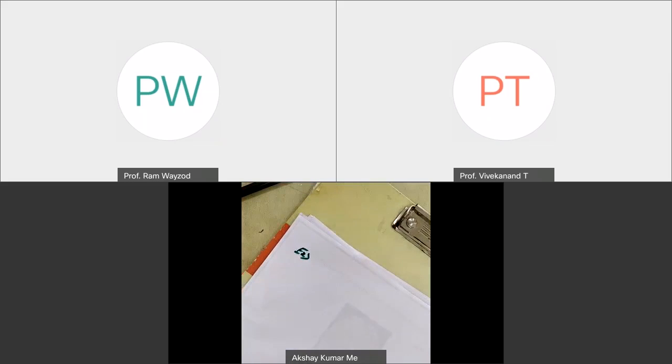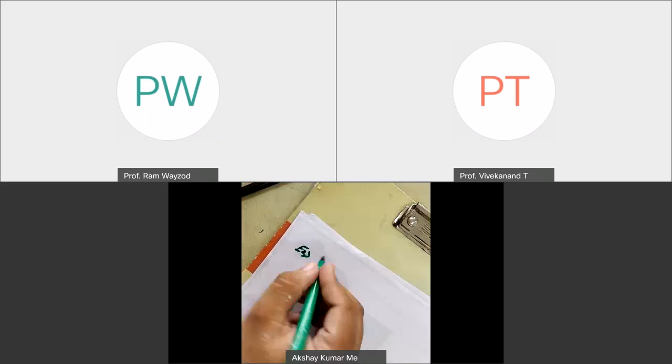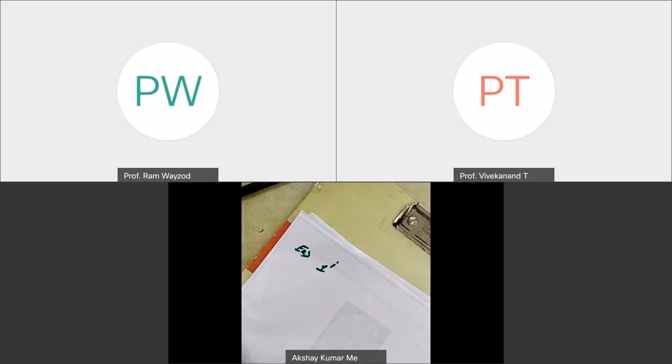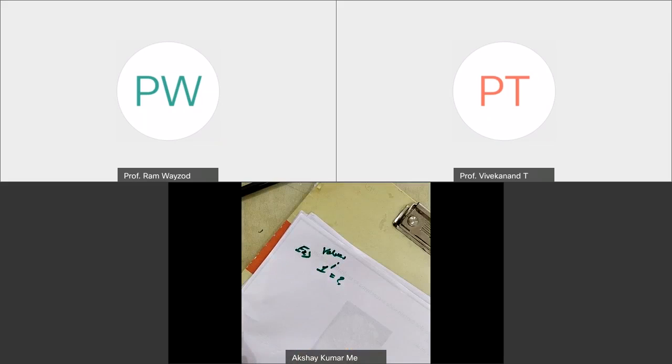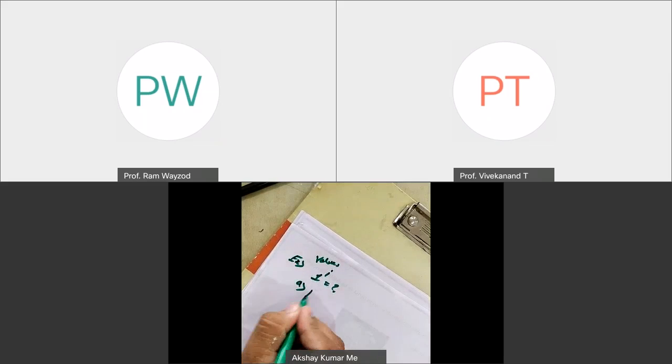Okay. So the next example is to find all the values of 1 to the power i. The first option is purely imaginary.